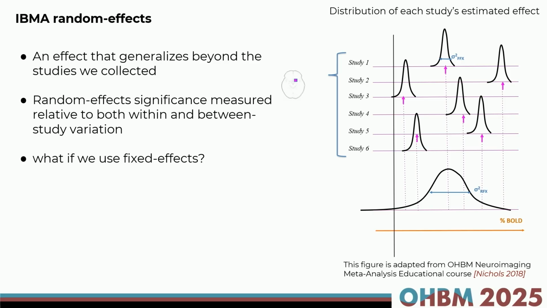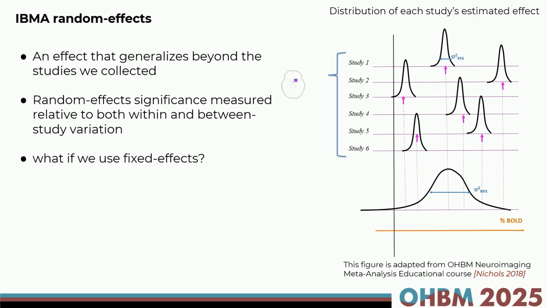And we compare the random effects significance against the population mean, which is the mean for the distribution underneath, the wider distribution. And we compare the population mean against two sources of noise: either the within study variation for each small distribution, denoted as sigma fixed effect square here, as well as the between study variation, denoted as sigma random effects square here.